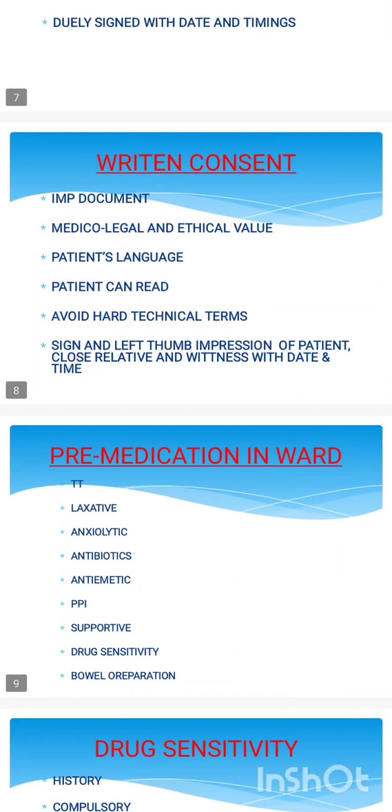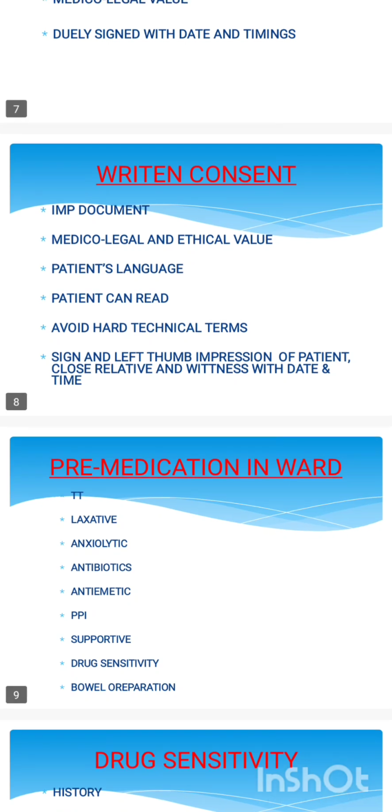Then written consent. This is an important document in every surgical procedure, in every surgical branch. It has medico legal value and ethical value also. Written consent should be in the patient's language. If the patient is illiterate, you should explain in his or her language.